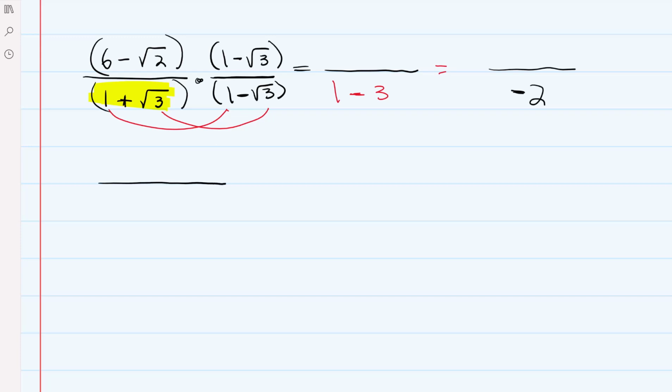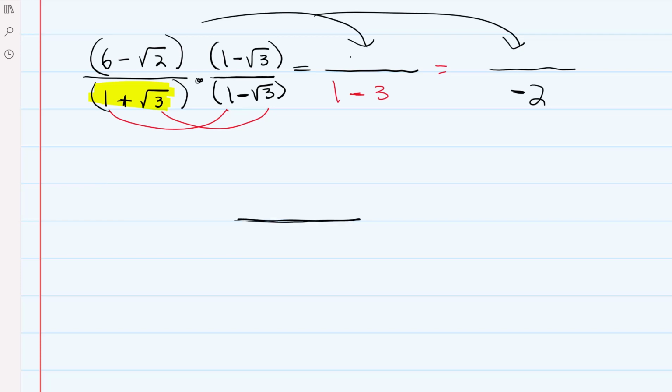All right. Now I'm going to keep working, because now that I simplified the denominator, I'll simplify the numerator here, and probably the final step will be down here. So we're going to do double distributive or FOIL. The two first numbers, 6 times 1 is 6. 6 times negative root 3 is just negative 6 root 3. All right.